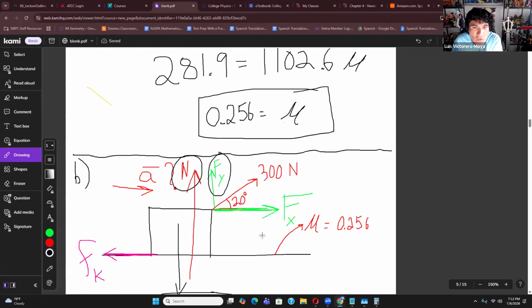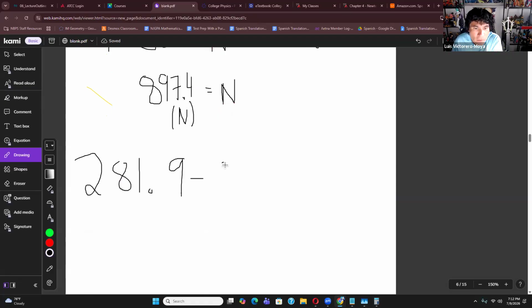Mu was 0.256. Mu times the normal, which is 897.4. That's equal to mass times acceleration.